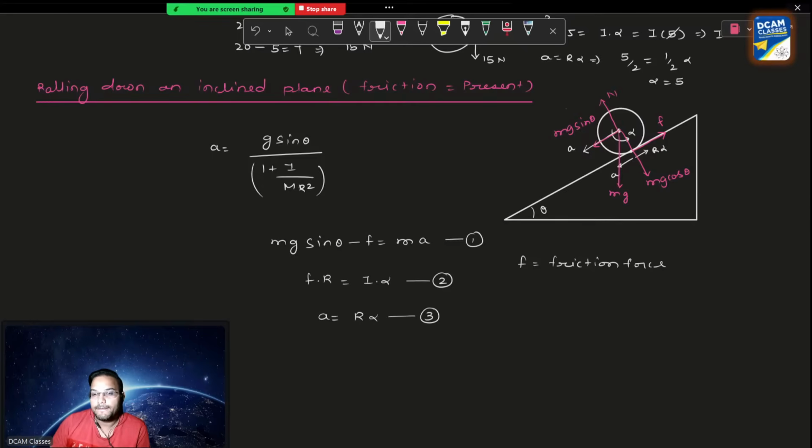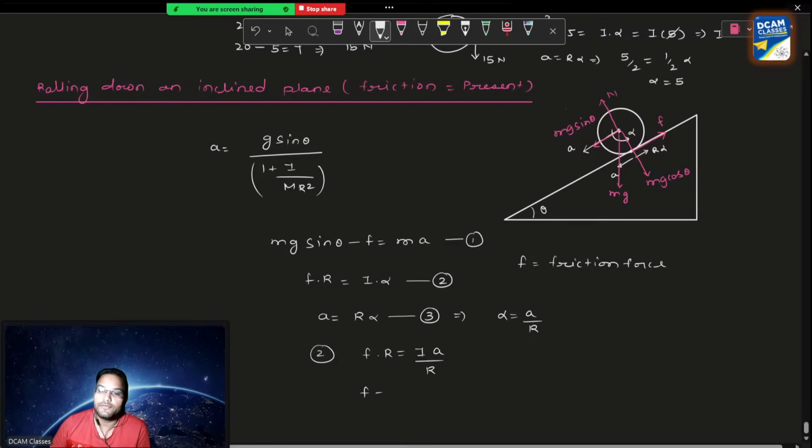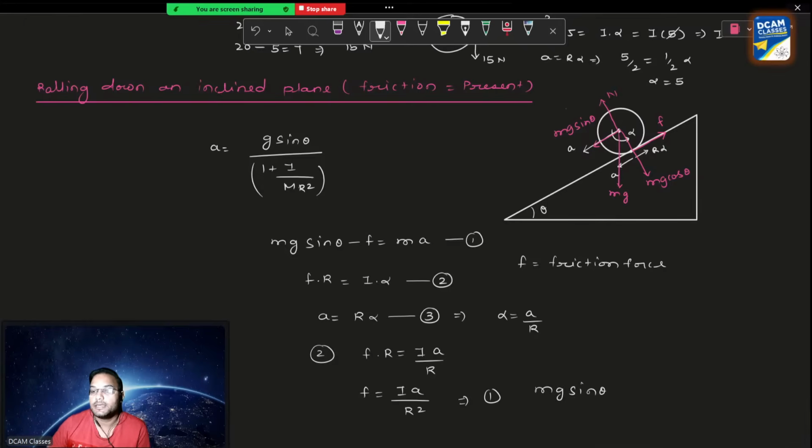Using a is equal to R alpha, the third one, you'll get alpha is equal to a by R. So from 2, you will get F into R is equal to I a by R, so F is equal to I a by R². Put this value of F in 1. You'll get mg sin theta minus I a by R² is equal to ma.